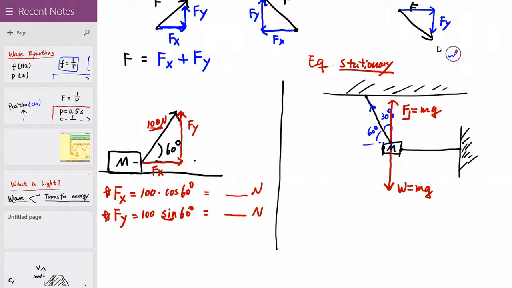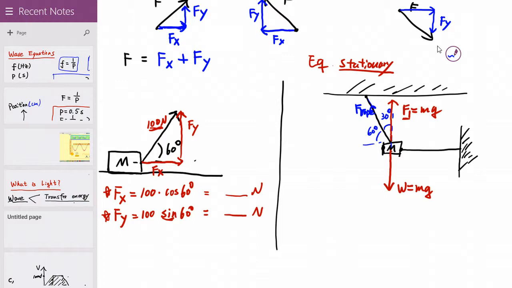However, F1 is in the vertical direction, so F1 must be a component of this force, F rope. We know one component, and we know the angle, so from your trigonometry rules we can find F rope.